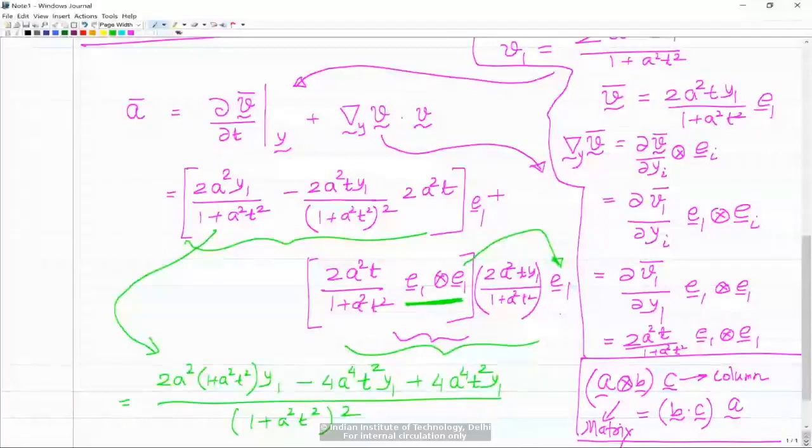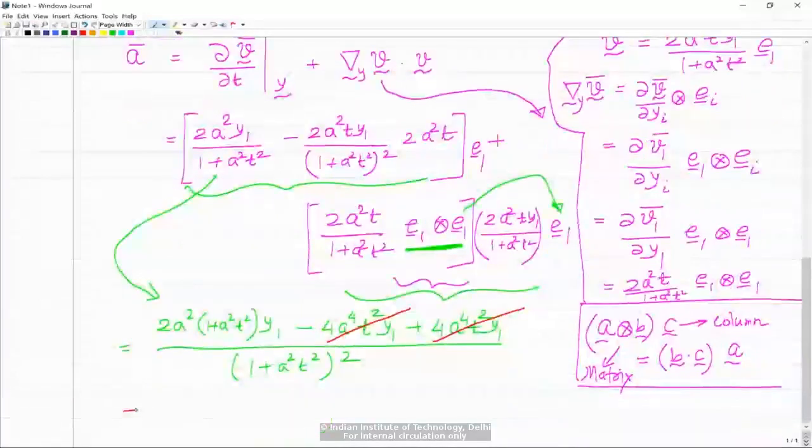So what you can see is that one part of local component is cancelling the convective acceleration here. So these two are getting cancelled. And therefore what we have finally is simply 2 times a square y1 over 1 plus a square t square.